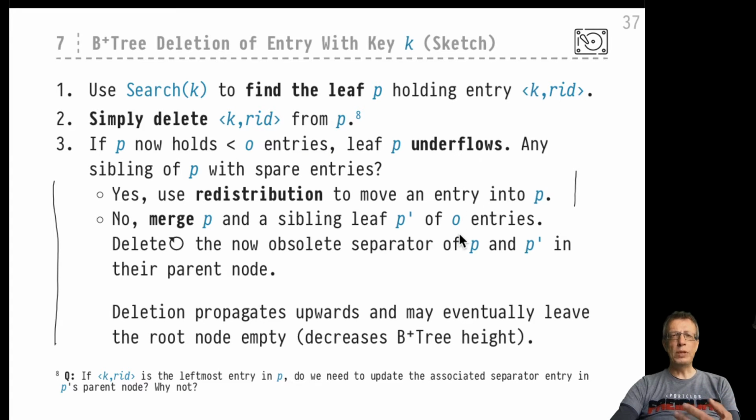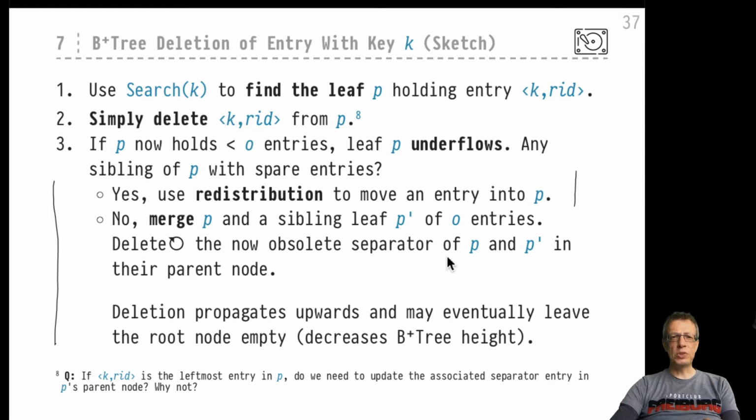So P prime should be our sibling leaf, and it has only O entries. We can now merge P and P prime to form a single leaf node. The entries of P and P prime are now forming a single leaf node of 2O-1 entries.